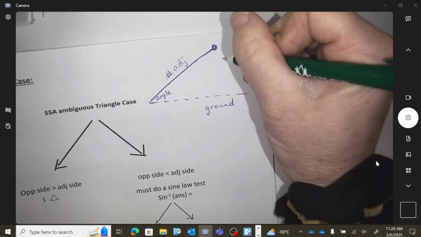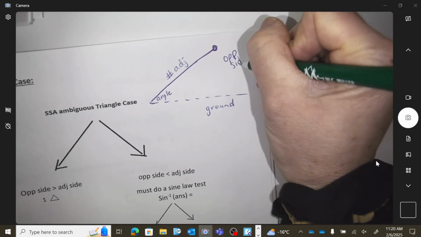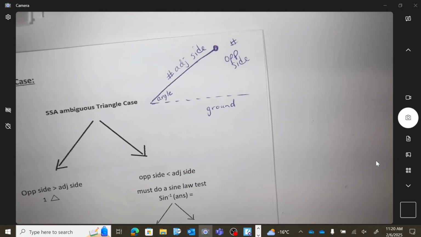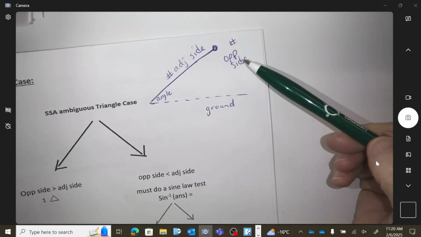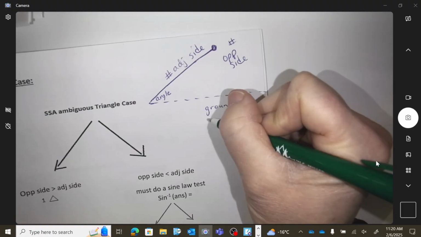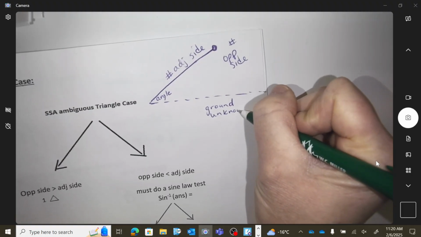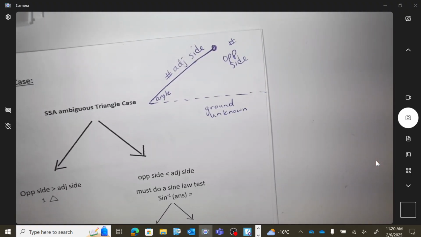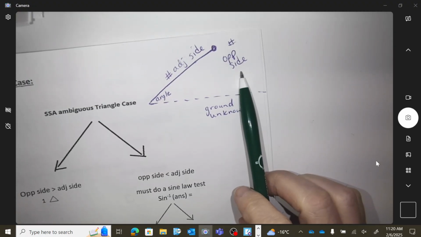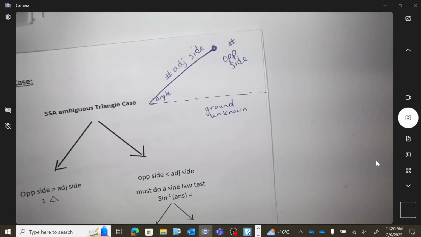And then you're going to be given the opposite side as well. Side, side, angle. So you're going to be given the opposite side, the adjacent side, and an angle. And then the unknown side. I didn't draw the opposite side in because there's going to be multiple scenarios for how it works.